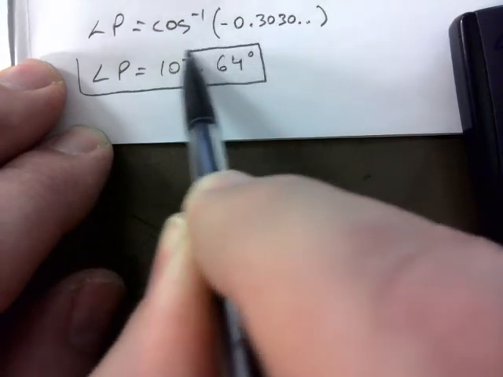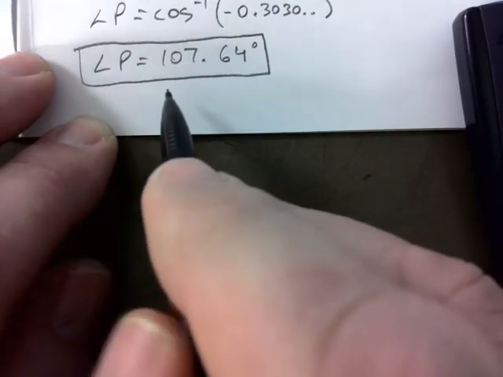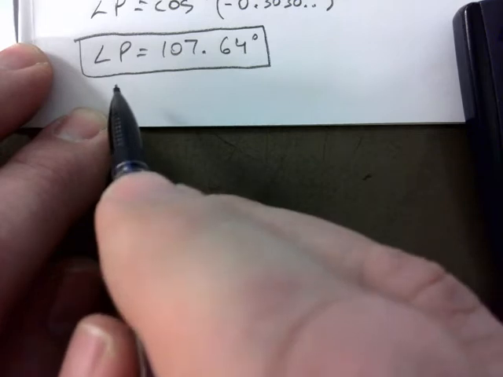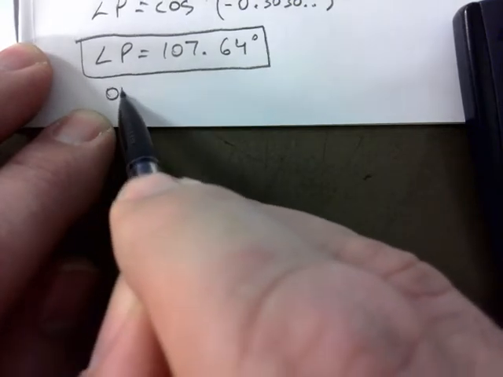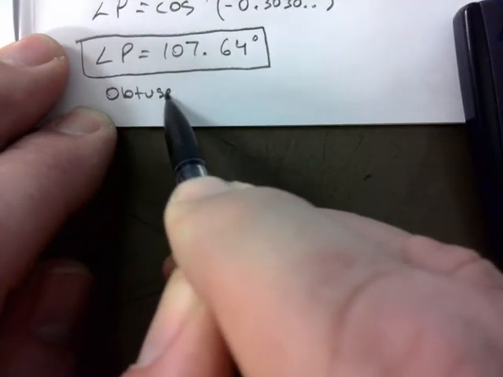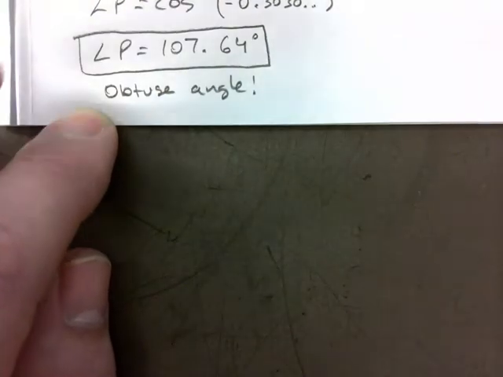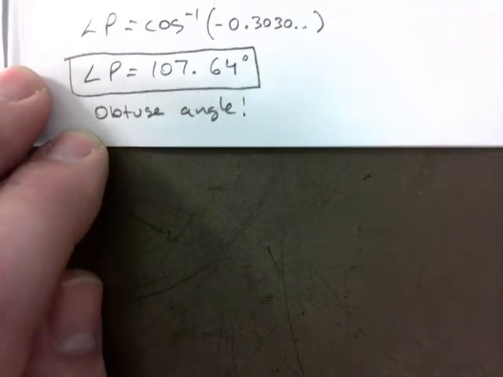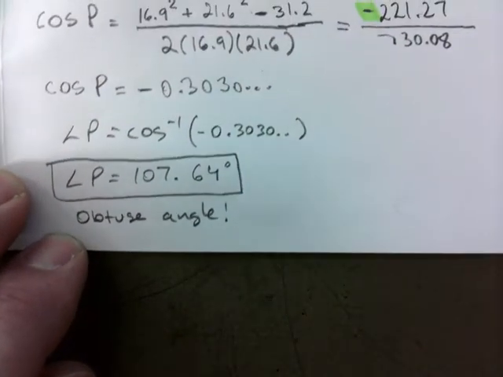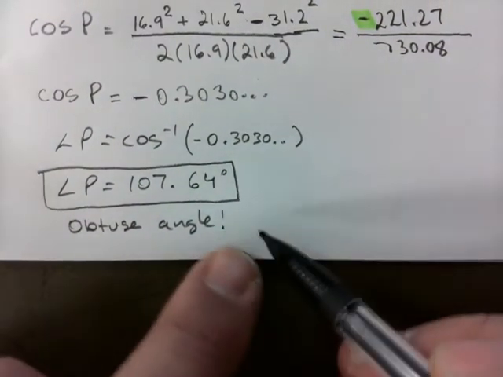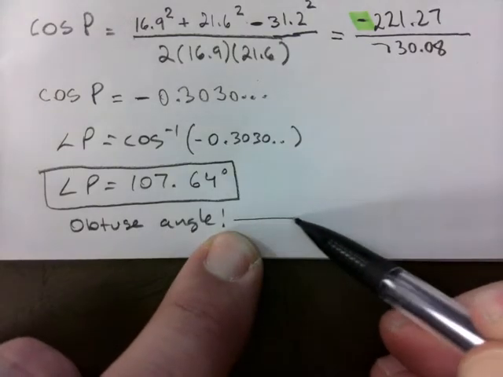What kind of angle is this? It's obtuse, right? Do you notice that? Obtuse angle, right? And just so you know, I could have told you that already. The minute, make an arrow go up to that negative there.